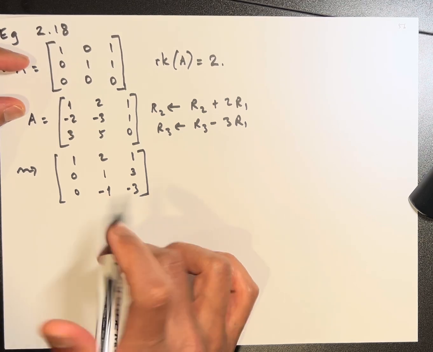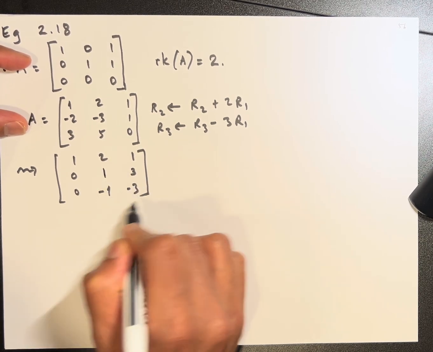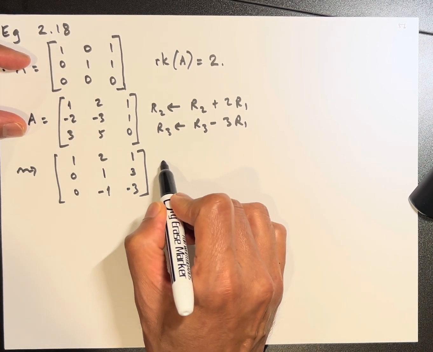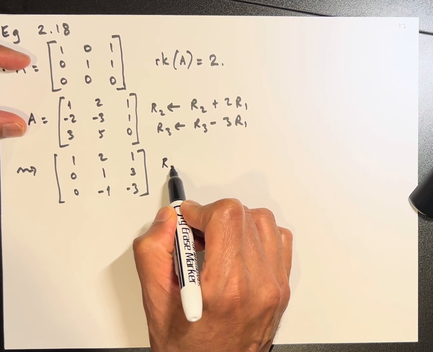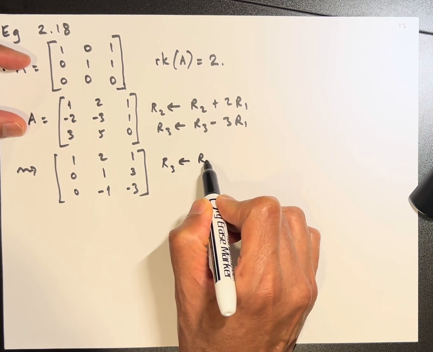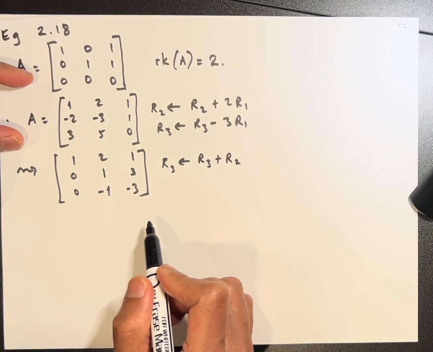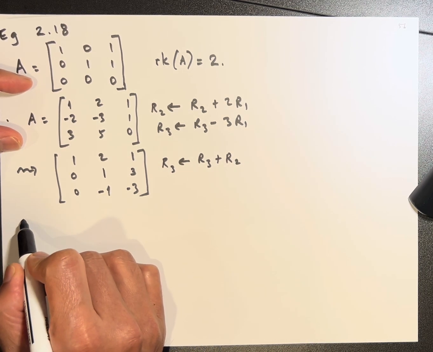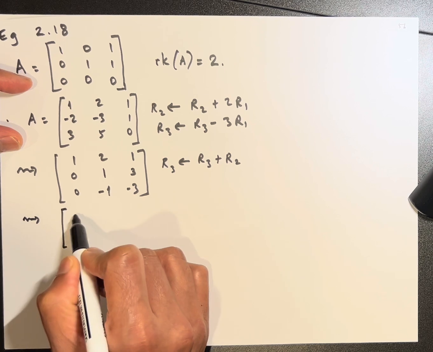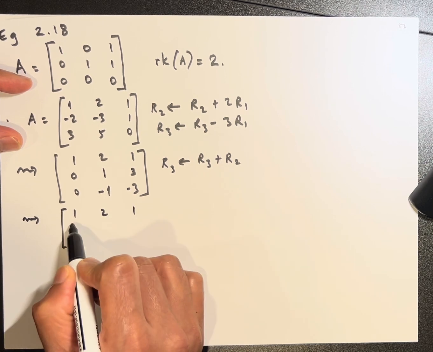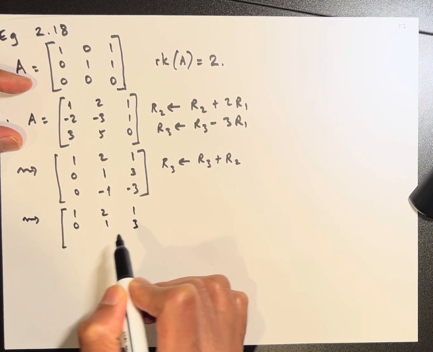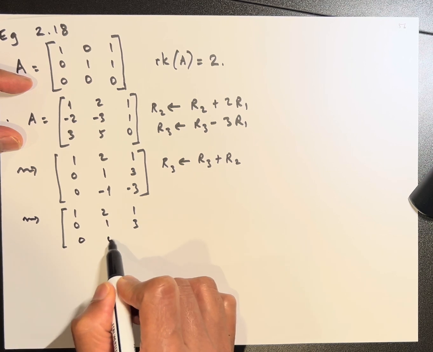Now this is the pivot next. So we'll just do R3 plus R2. This becomes 1, 2, 1, 0, 1, 3. So you add them up, this becomes all zeros, right?